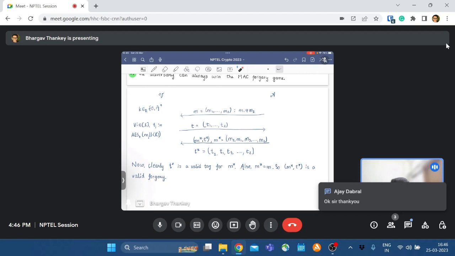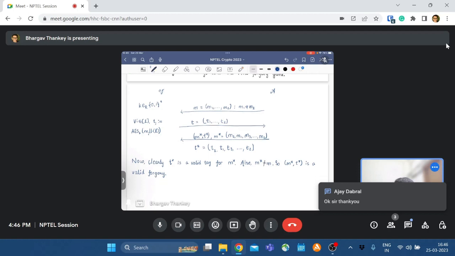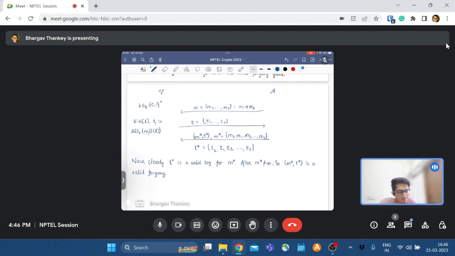And M star is not the same as M because M1 and M2 are not the same. So the message M and M star differ in the first two blocks. So we have been able to generate a tag for a new message. So this is a valid forgery and this is not CMA secure nor SCMA secure. Yeah. So is this fine?